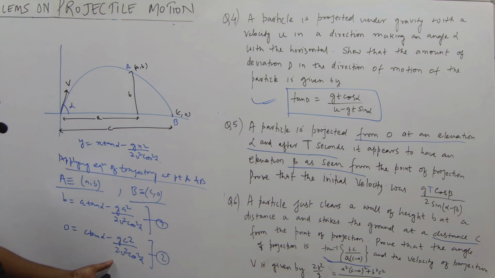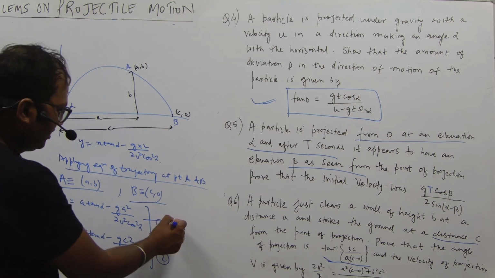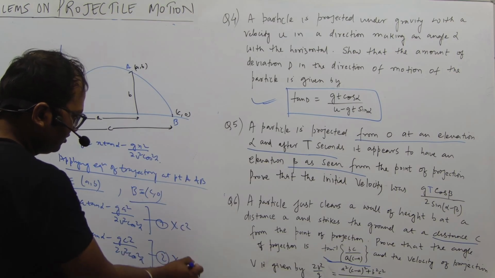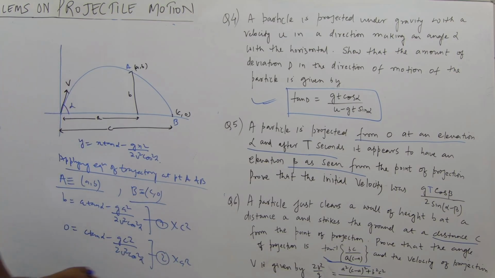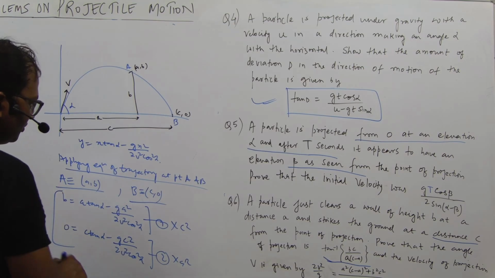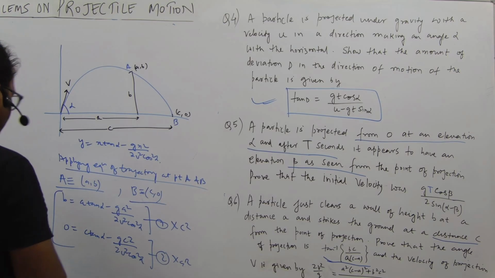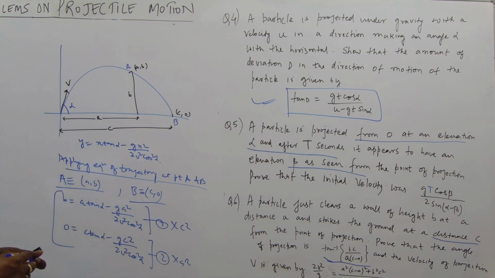So what we will do is multiply equation 1 with c square and equation 2 with a square. After multiplying we will subtract both the equations. So let us do the further simplification.